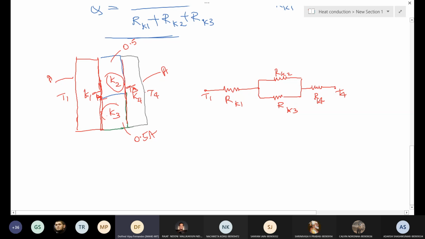Actually, we have to see this one. If one material has a very large thermal conductivity and the other a different thermal conductivity, the one with the higher conductivity will allow more heat transfer through it. But ultimately, at steady state, you have the same temperature.